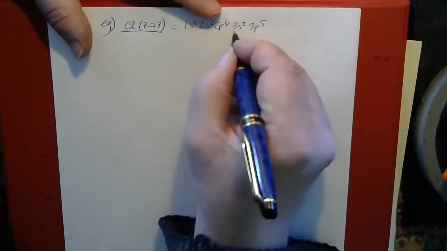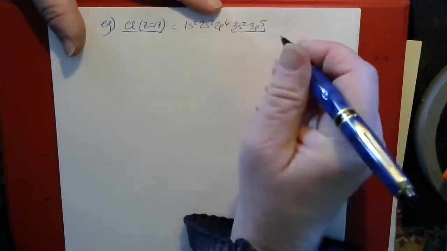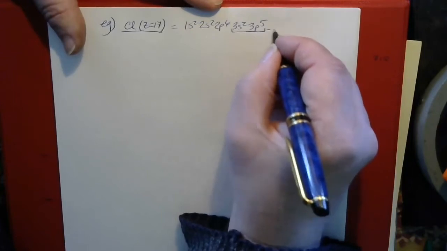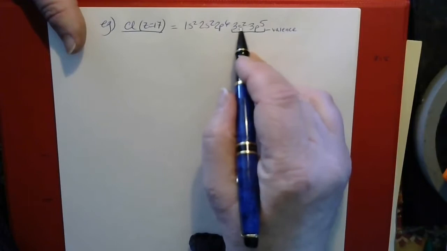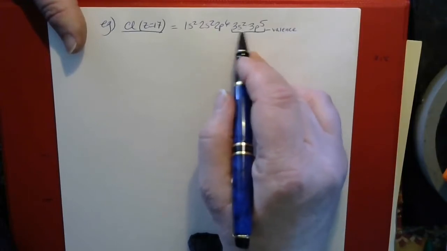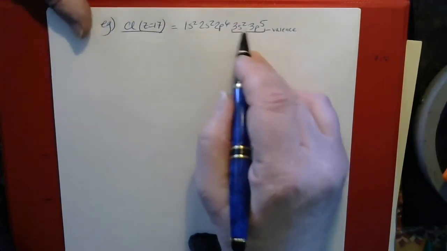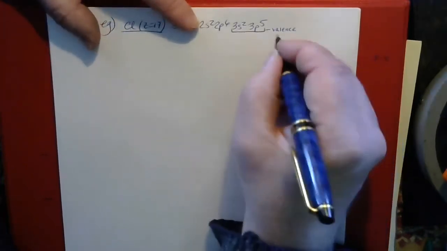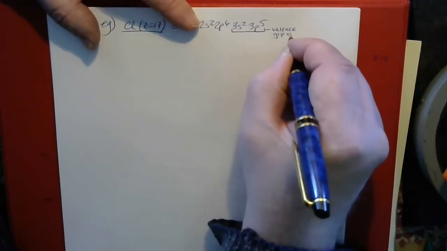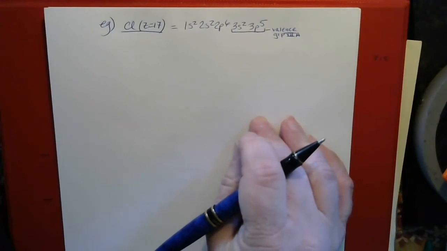Out of this, first of all, you'll notice that chlorine is in group 7, and that's because in its valence shell, it has 7 electrons. Its valence shell being the shell with the highest n number, 3 in this case, and the total number of electrons in the third shell is 2 plus 5, which is 7. And that's why chlorine is in group 7A.